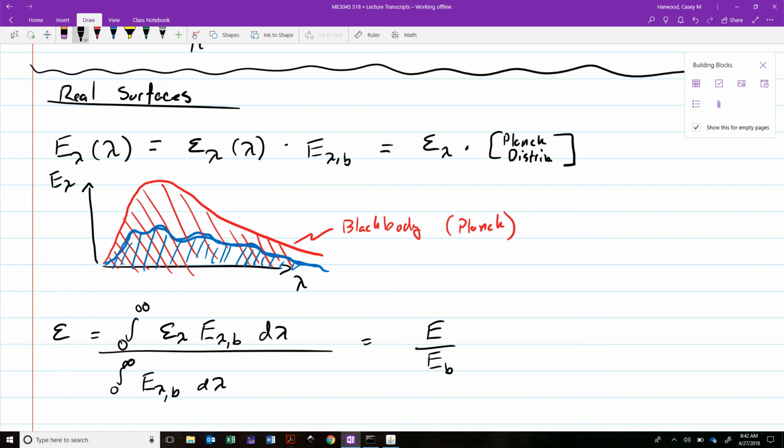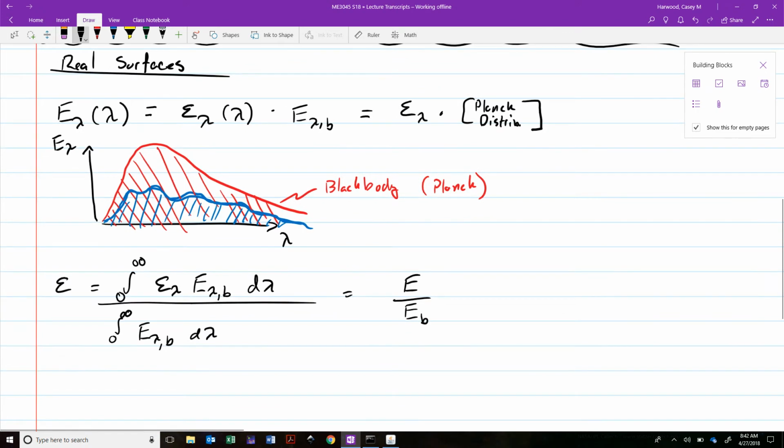So, very important fact here, and if you leave this room with nothing else from this lecture, I want you to remember this, that both epsilon and epsilon sub lambda are always going to be less than or equal to 1. The only time they're equal to 1 is if the thing we're talking about is actually a black body.